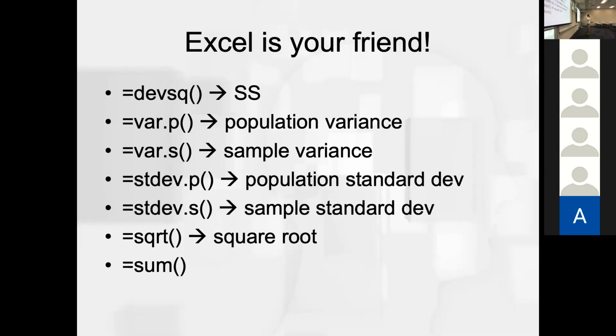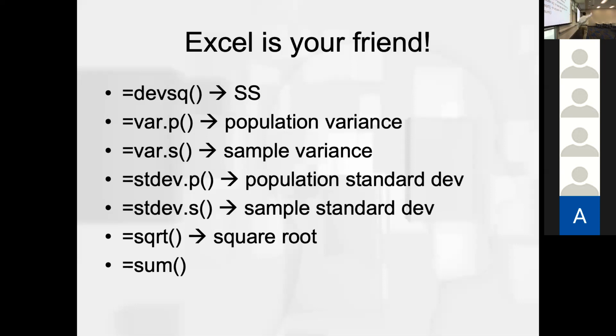Where you see these parentheses, that's where you have to select all the data. So if you want the sum of squares, type in equals DEVSQ, open parenthesis, and then select the entire data set you're interested in. Then you'll see things like VAR for variance and STDEV for standard deviation.